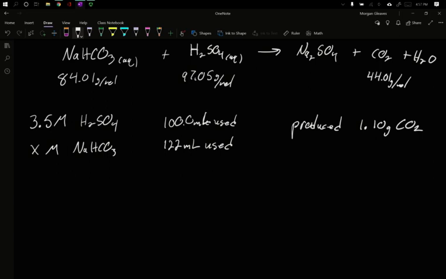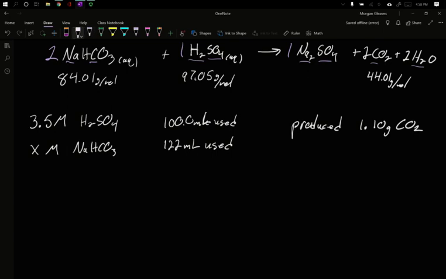So the question here is, what was the molarity of the sodium bicarbonate solution? So we're actually going to solve a molarity this time. We know the volumes, and we know some of our balanced reaction. Well, not balanced yet. And so 2 sodium bicarbonates, 1 sulfuric acid makes 1 sodium sulfate, 2 carbon dioxides, and 2 waters.